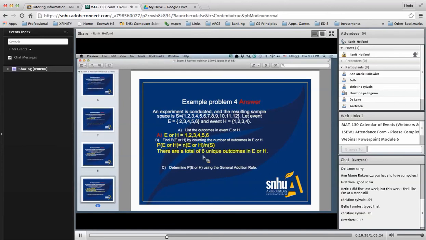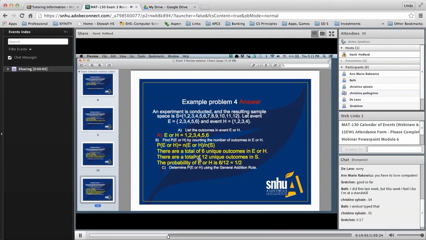So there are 6 unique outcomes in E or H. There are a total of 12 unique outcomes in S. So this 6 is the top, N of E or H. This 12 is the bottom, the denominator, N of S. Okay, so the probability of E or H is 6 out of 12, which reduces to 1 out of 2. So we did that by counting the number of outcomes in E or H.